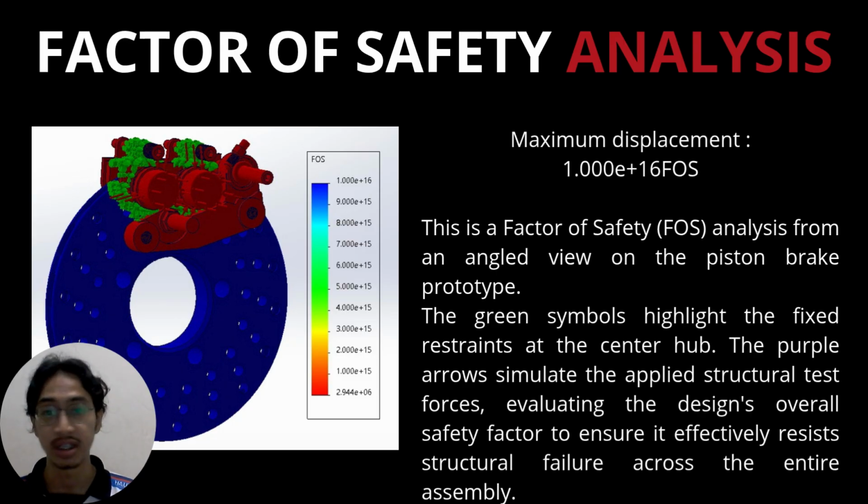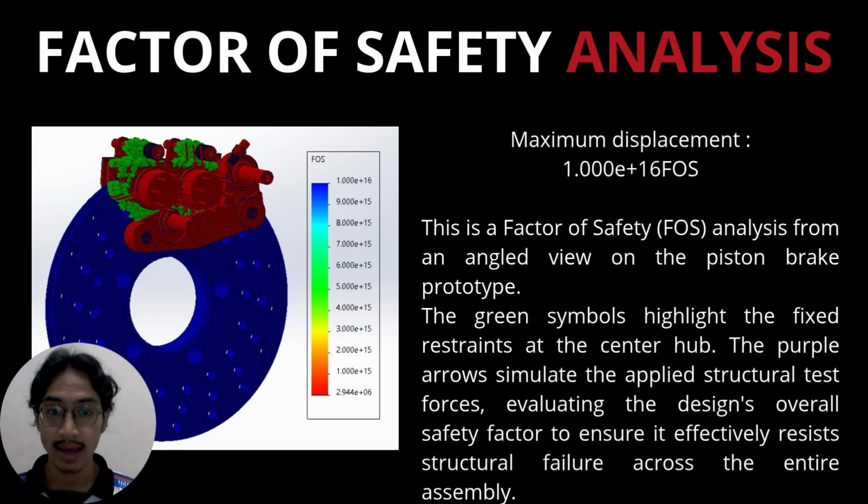For this simulation setup, the green symbol highlights our fixed restraint, which anchors the system at the center hub. The purple or blue arrows simulate the applied structural test force acting on the assembly.